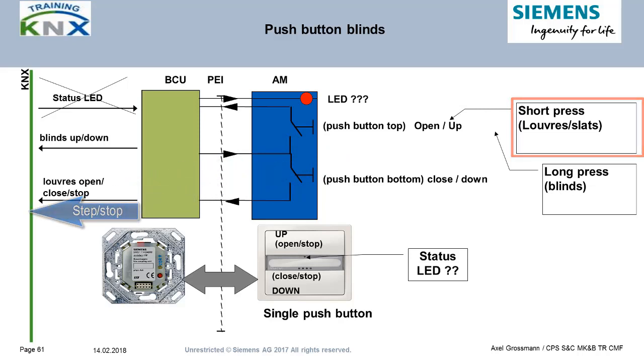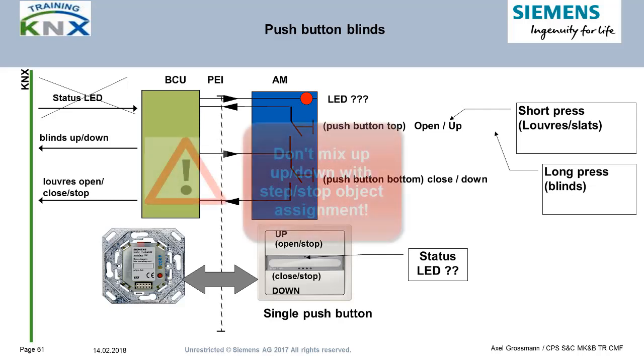Why does it make little sense to define it vice versa? Well, this should be obvious to everyone. Just imagine the blind starts moving on a short button press. This might still be okay, but to stop it by a long button operation means you always have to wait for at least 1 second until it actually stops. This makes no sense at all.